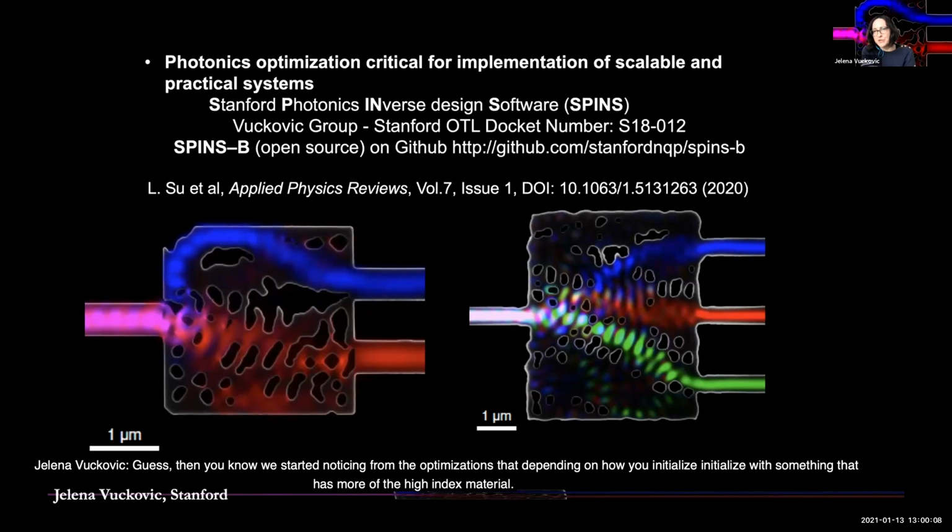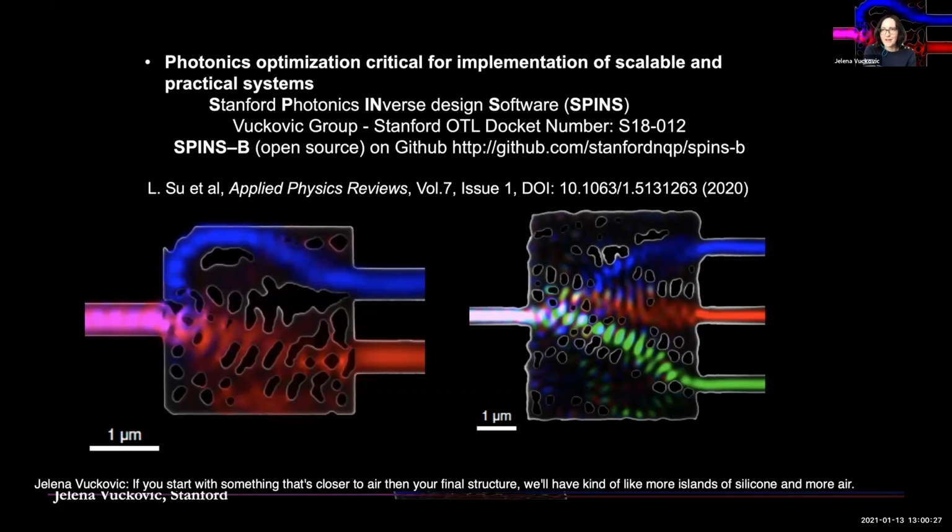Then we started noticing from the optimizations that depending on how you initialize, if you initialize with something that has more of the high index material, or has an average refractive index that is closer, for example, to silicon, your final structure will have more silicon than air. If you start with something that's closer to air, then your final structure will have more islands of silicon and more air.